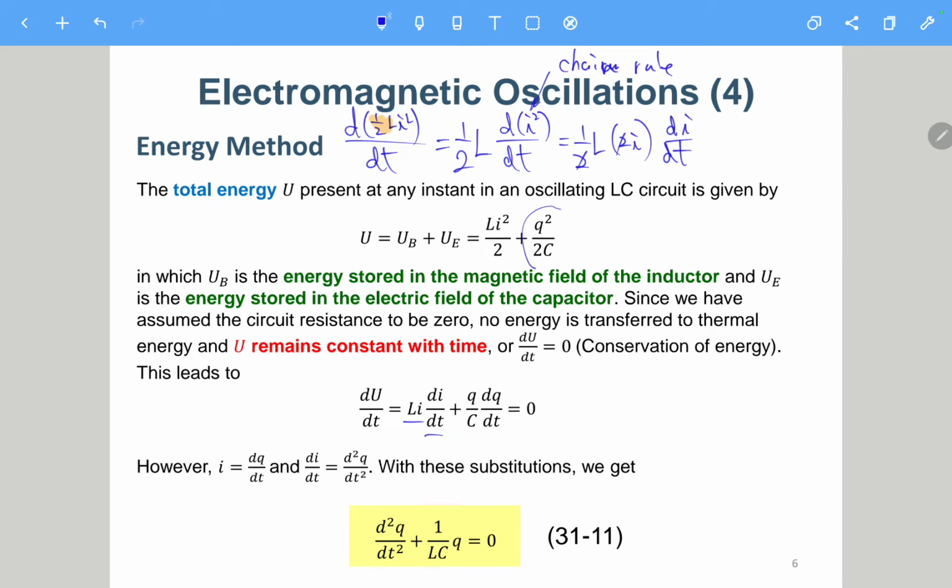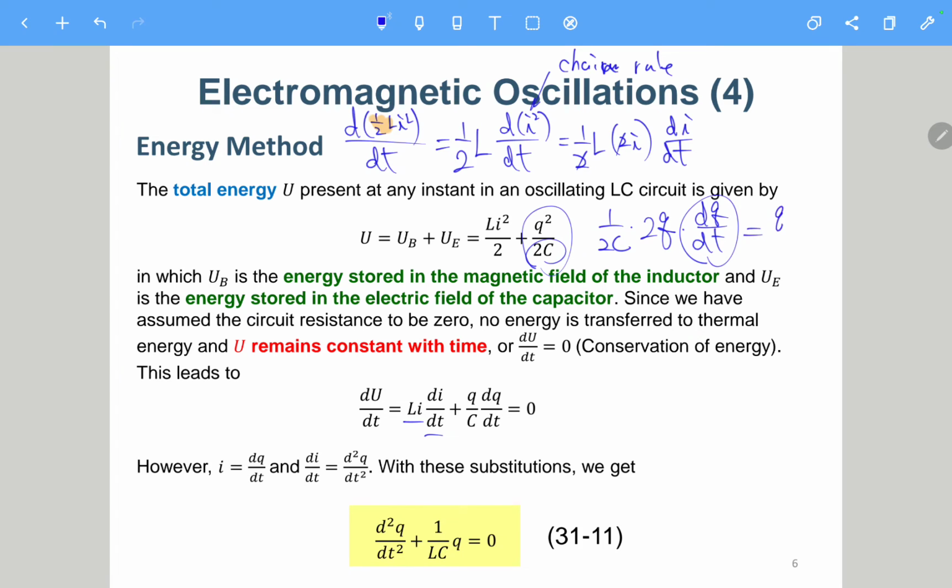Similarly for this one, we have 1 over 2C, and then q squared. When we take the derivative, it becomes 2q, and then we also need the chain rule, which is dq dt. And dq dt is the current.